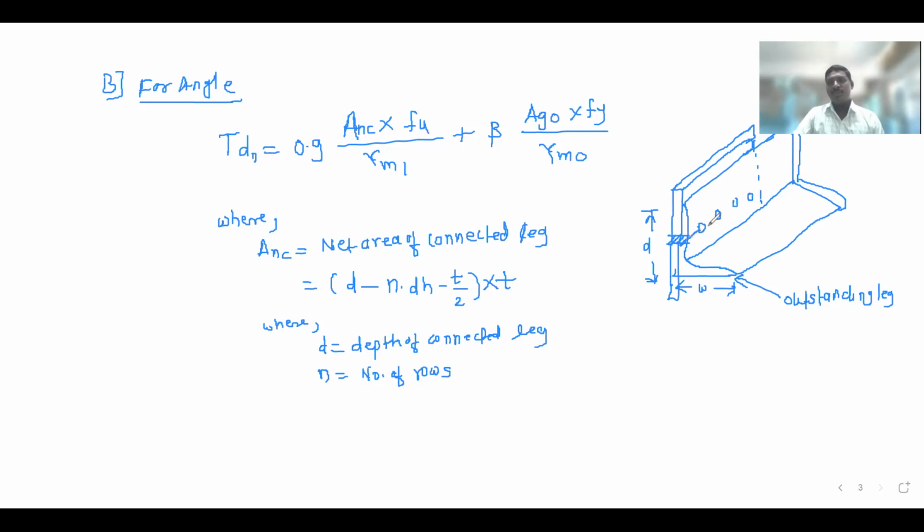This is your bolt line. And if we cut the section at this stage, then this figure will appear. When you cut the section and look in this direction, you see this sketch.